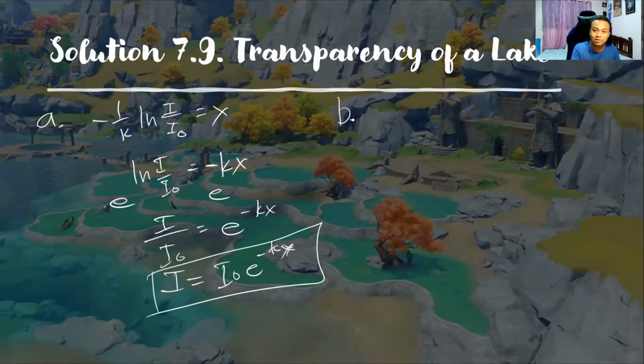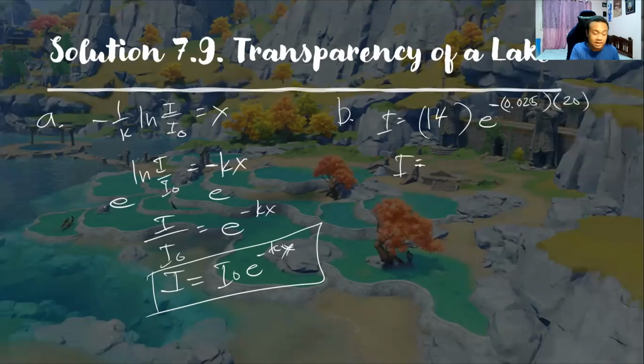So letter B. What if it's 20 feet? We have 14 lumens, our incident light intensity. And k is 0.025. And then x, the depth, is 20 feet.